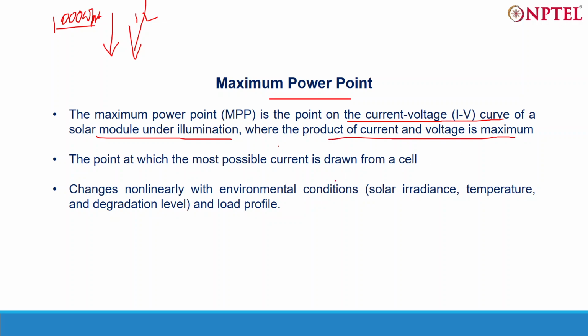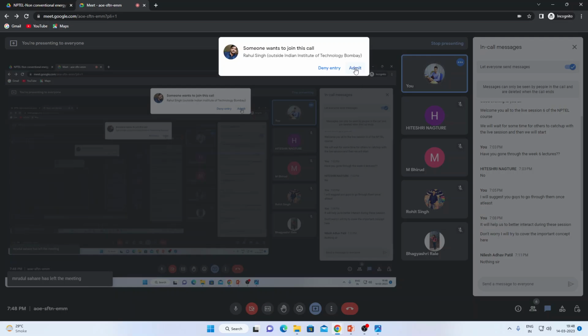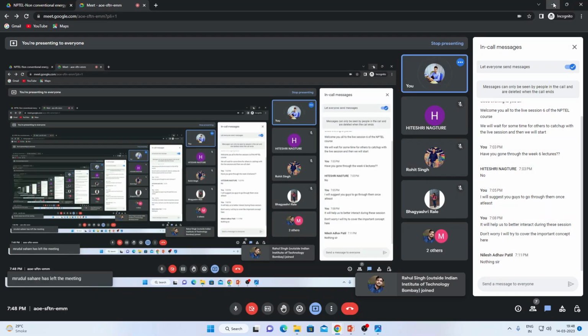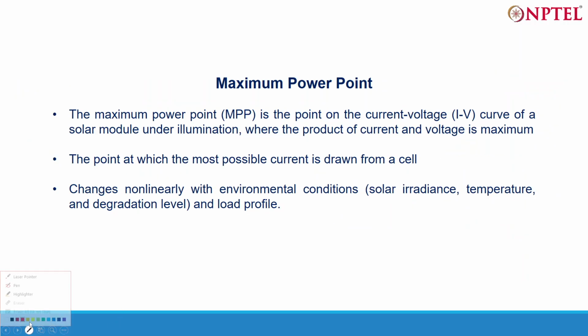The maximum power point is the point on the current voltage curve under illumination where the product of current and voltage is maximum.